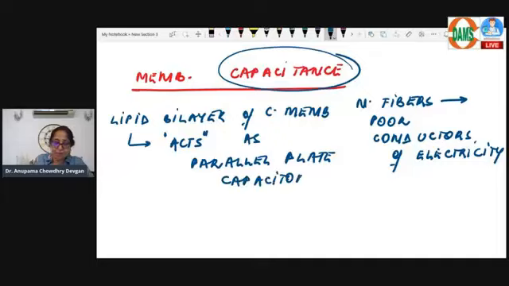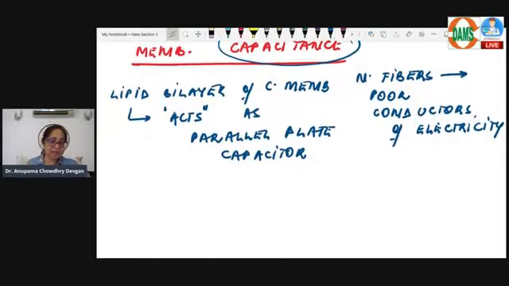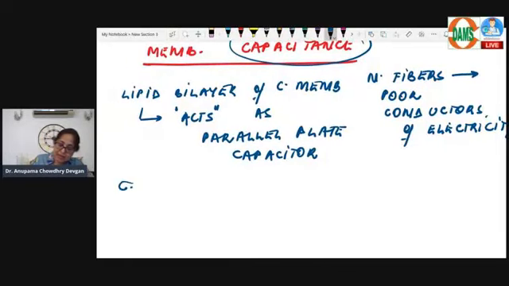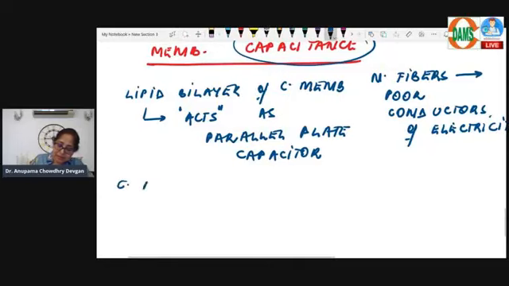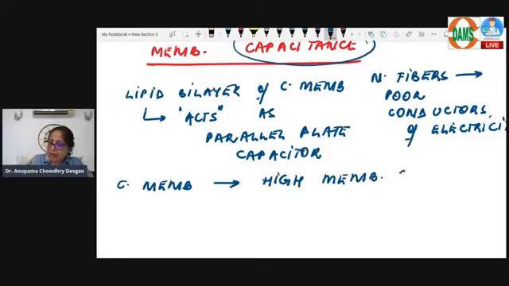Please understand, it is not a typical capacitor which you did in physics. It simply acts as a parallel plate capacitor. In other words, cell membranes have a comparatively high membrane capacitance.